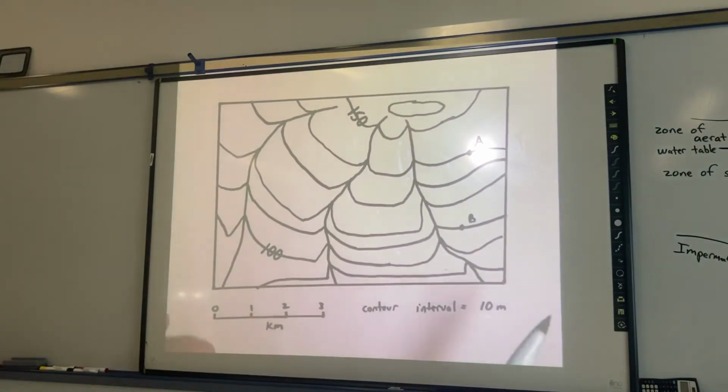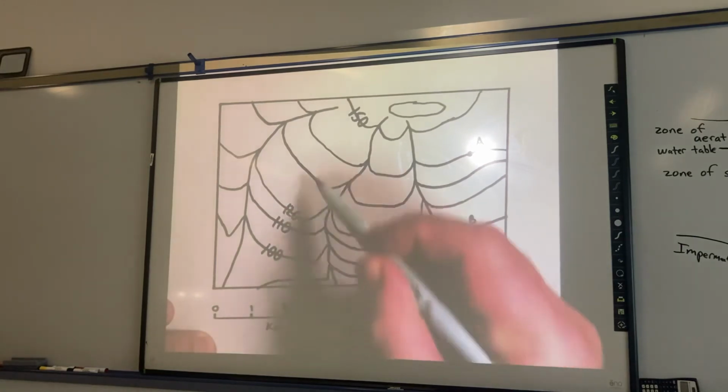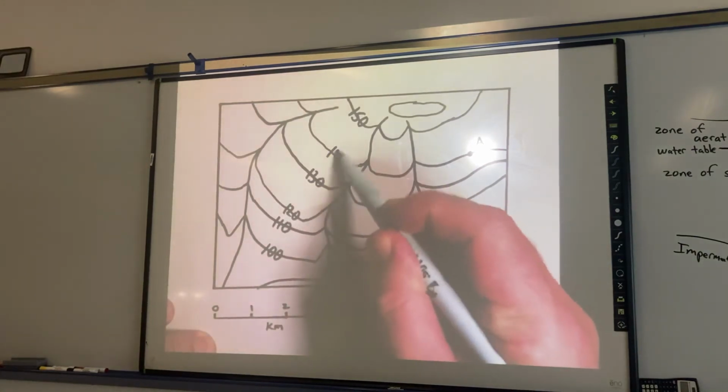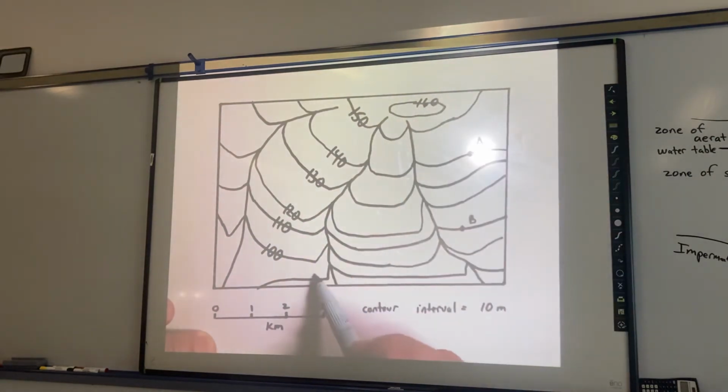So there's 100, this would be 110, 120, 130, 140, 150, 160, and that would be 90 right there.